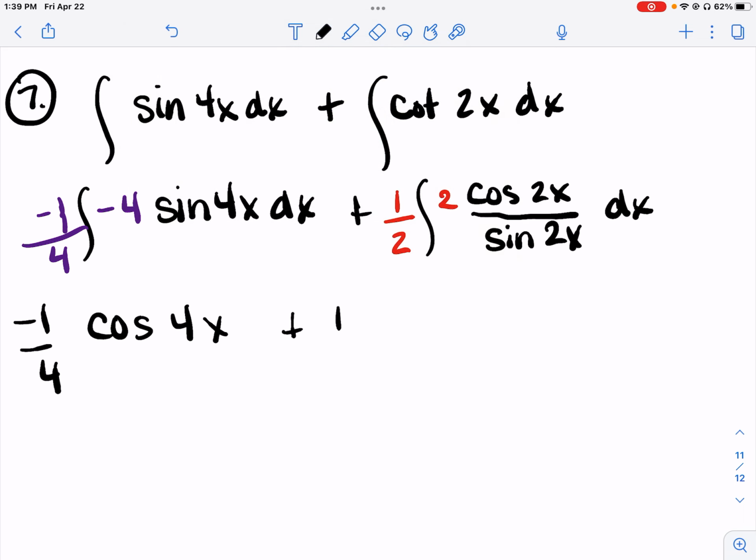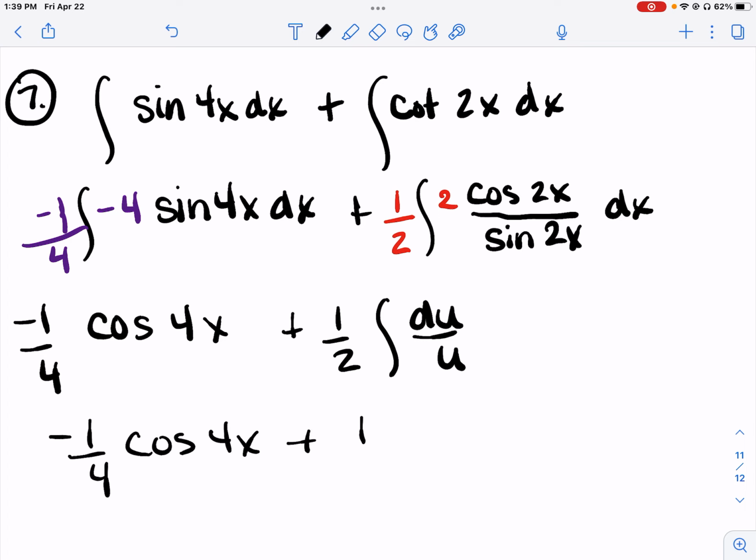So this is 1/2. This is now du over u, because the derivative of sine 2x is 2 cosine 2x. So this is ln of u, which is sine of 2x.